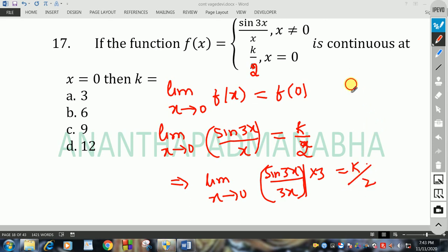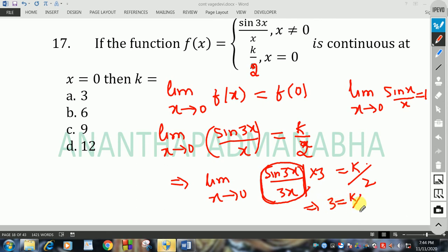We have this theorem, limit as x tends to 0 of sin x by x is equal to 1. So the term inside this bracket is 1, so you will get 3 is equal to k by 2, or k is equal to 6. k is equal to 6 is the answer, which is in option B.